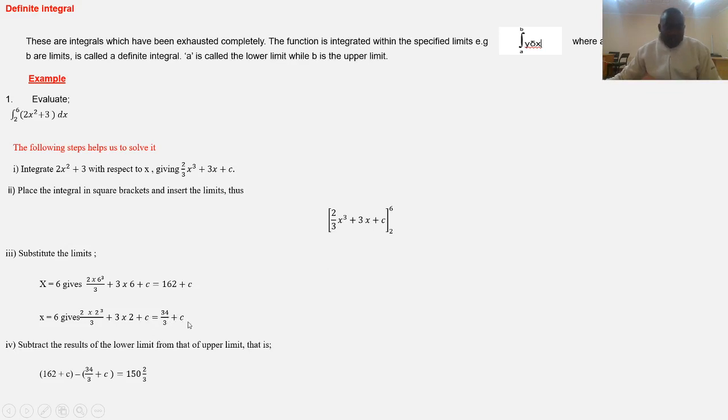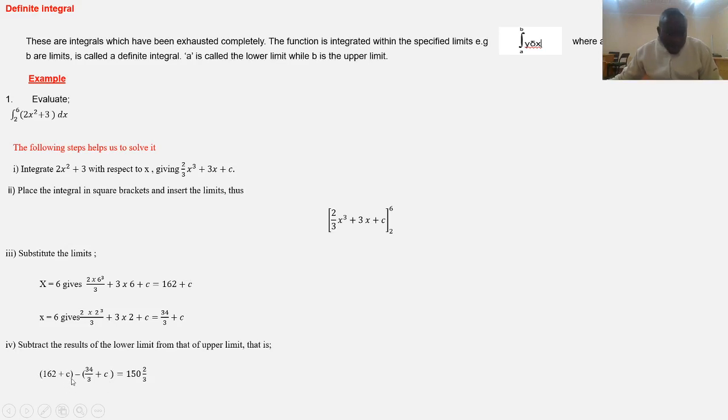Now, the next step is we subtract the result of the lower limit from that of the upper limit. That is the upper limit result minus that of the lower limit. Remember, if we subtract, c and c always cancel. So it is this minus this.